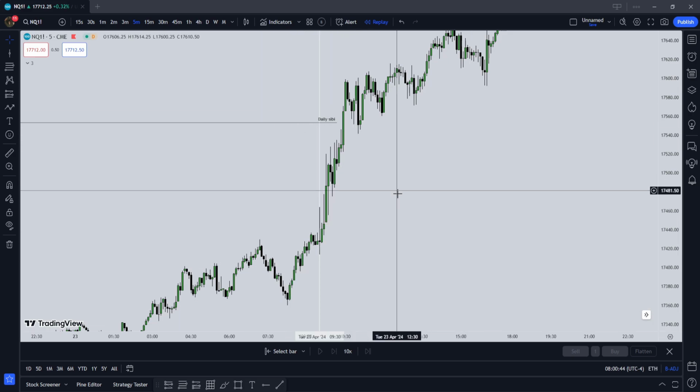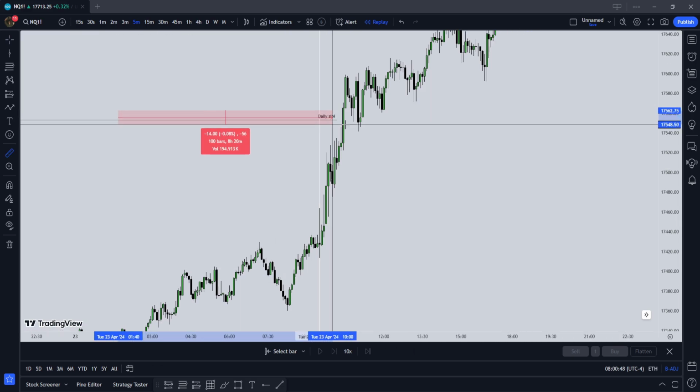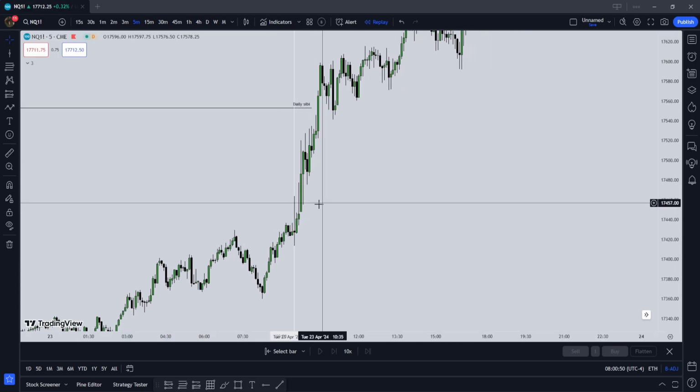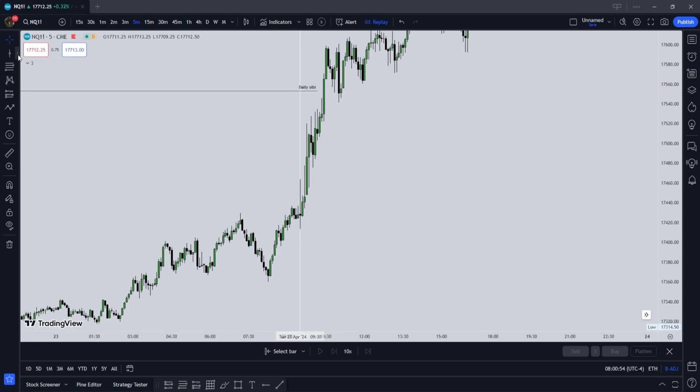So during this time, we need to look for a fair value gap to target this high. Do we see any fair value gaps form on a 5-minute time frame? No, we have a fair value gap here, down here, down here, we have a fair value gap down there, but when price is already up there, what is it most likely going to do?